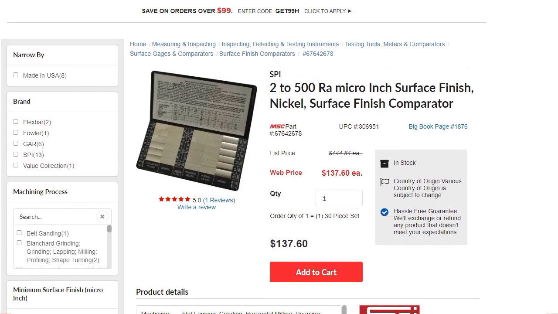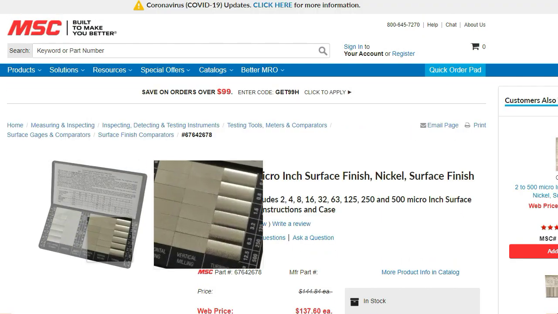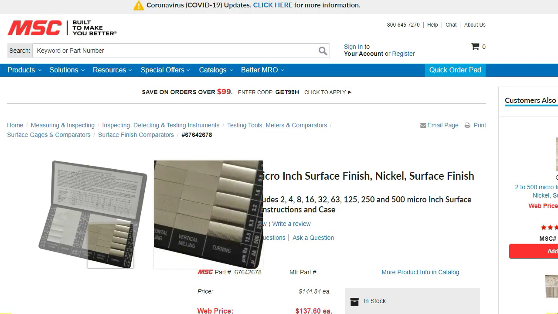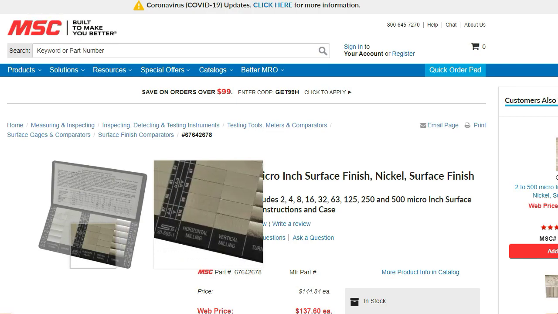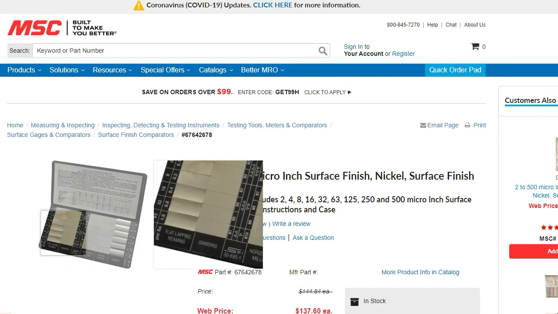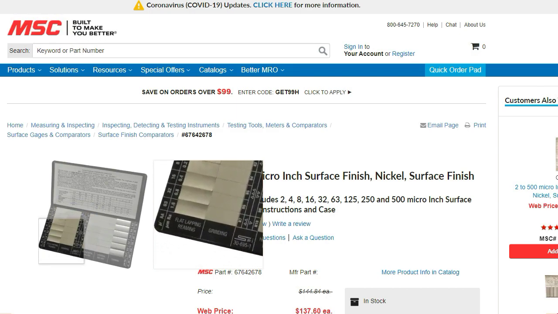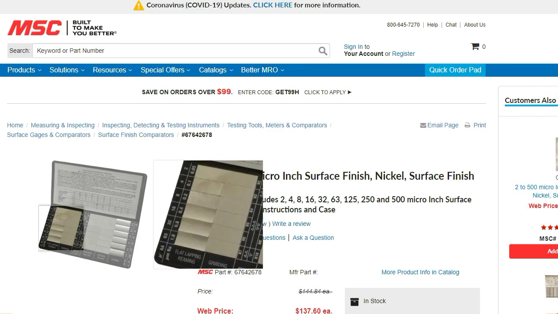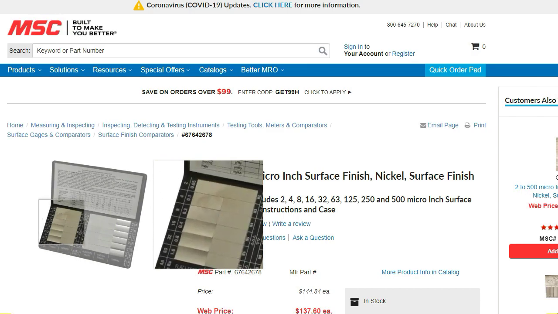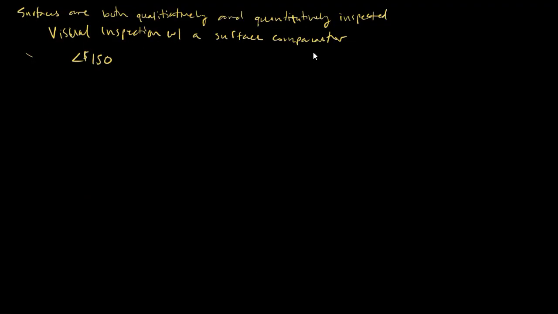Basically you take this comparator and look at the surface and compare it. For example, between turning, horizontal milling, vertical milling, lapping, and reaming, you get different measures of surfaces. You can look at what process you have and how the surface appears, then get your estimated Ra value and compare that to what the specification might be.